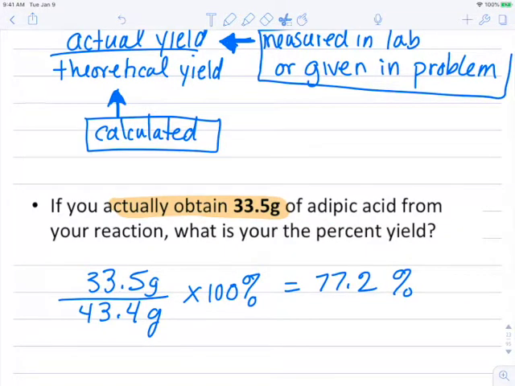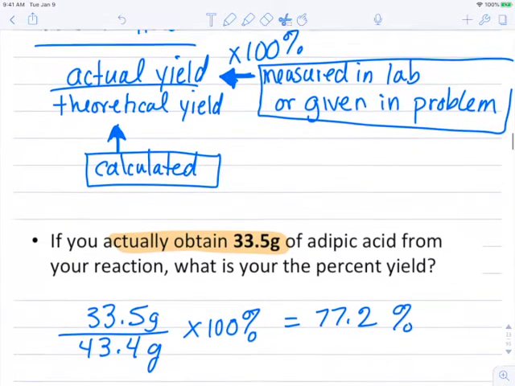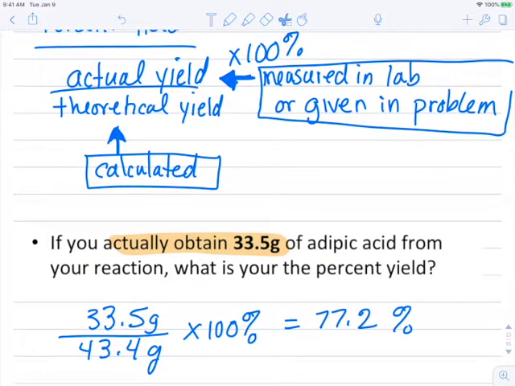All right, so any questions on how we got our percent yield, where the numbers will come from, the units, or anything else here? So I definitely want you to be able to calculate a percent yield. So questions on anything here with this problem?